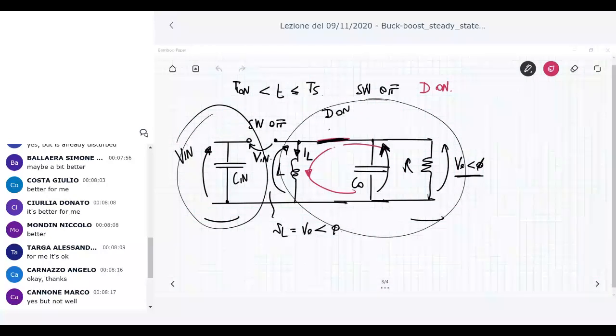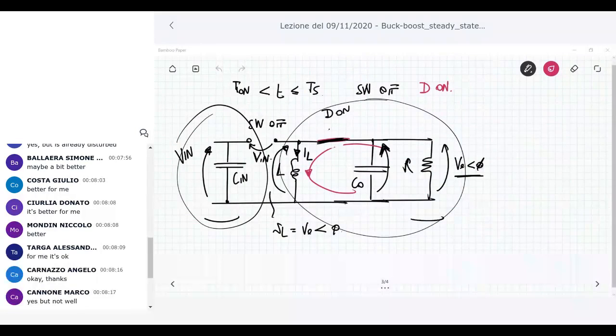During T on, the so-called charging phase, the input voltage is just connected to the inductor L, and that means that you are charging the inductor L. In the second phase, during T off, the energy which is stored in the magnetic field of the inductor is provided to the output without any connection between the output and the input.